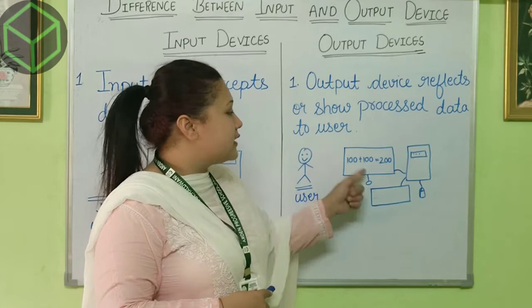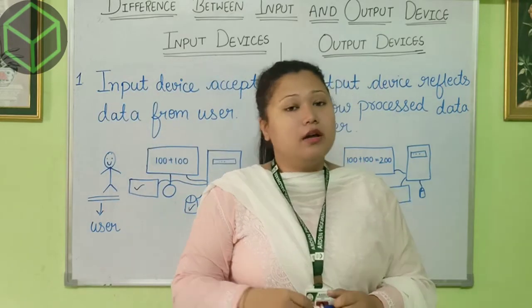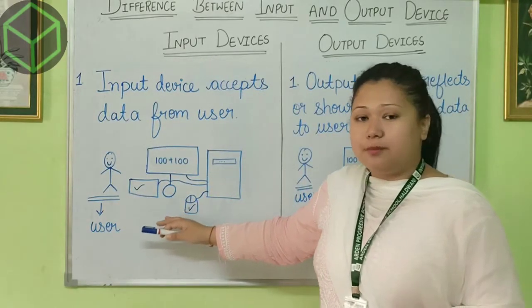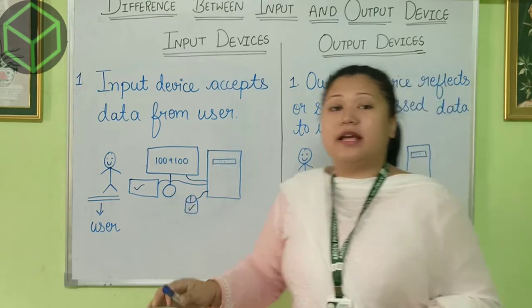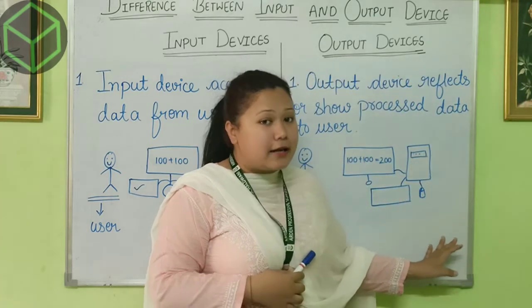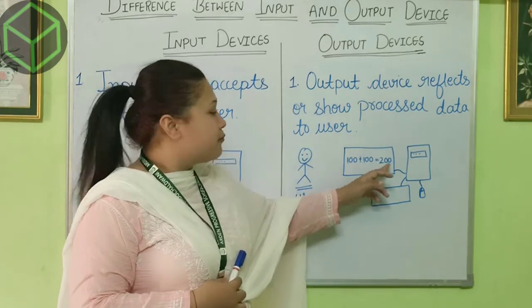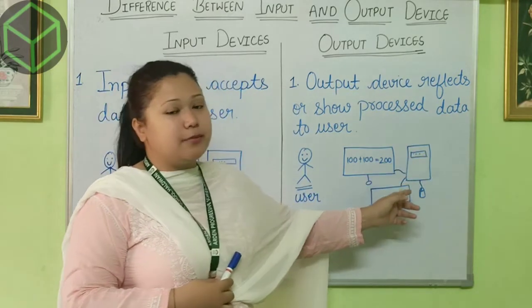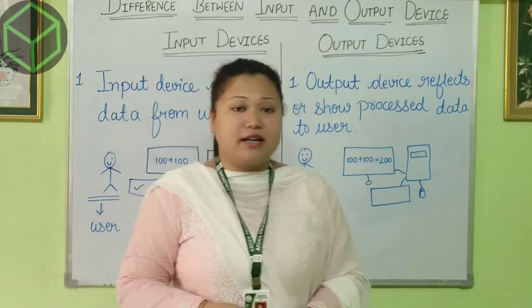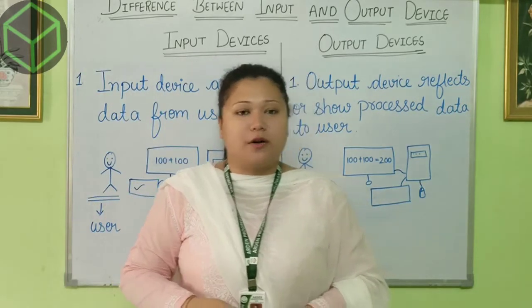Now where did this 200 come from? I mean, the instruction we got from the input device. Now the output we will get in the output device, that is the monitor, and this is the CPU. CPU is what? CPU is a processing device. CPU is the brain of a computer.